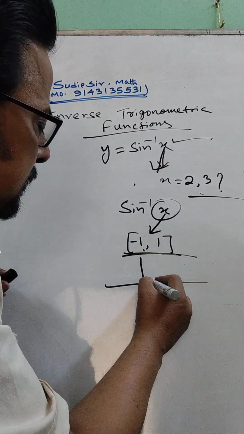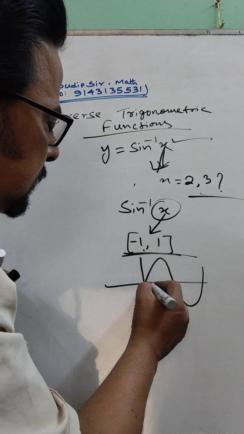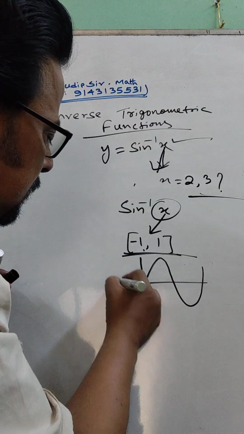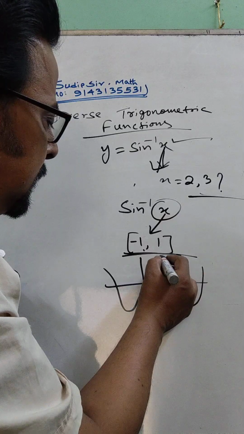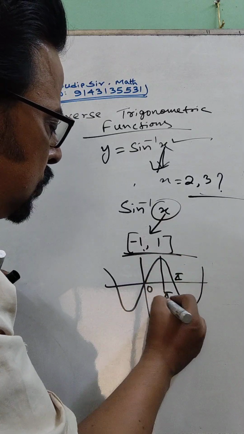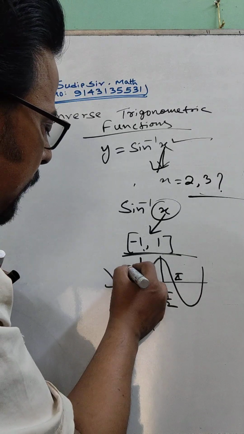Suppose this was the curve of sin x. This is 0, this is pi, this is pi by 2, and this is minus pi by 2.